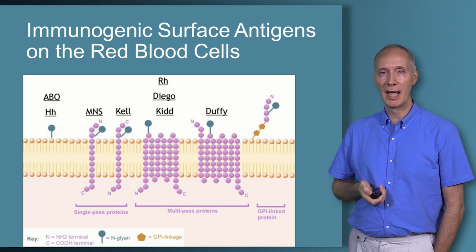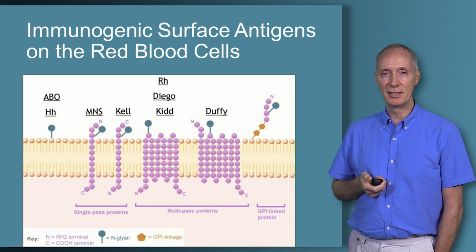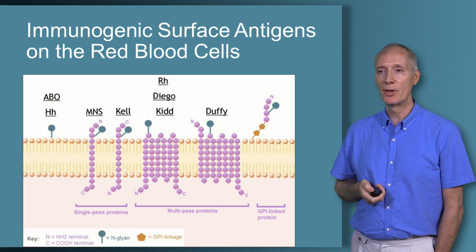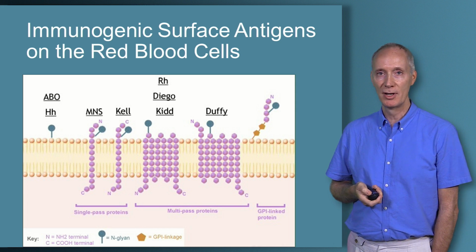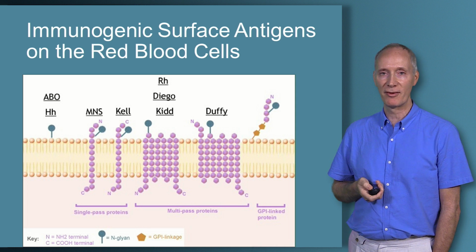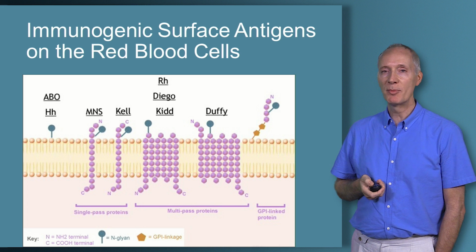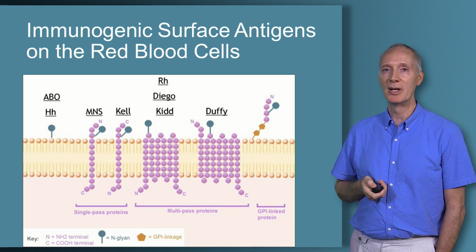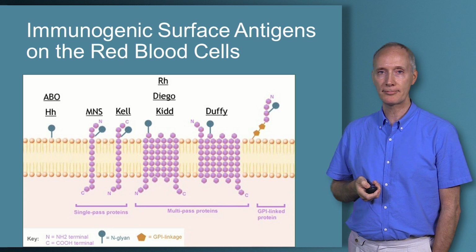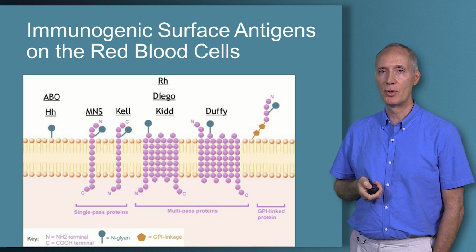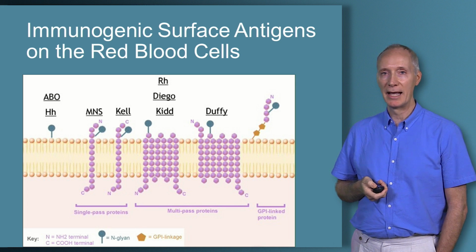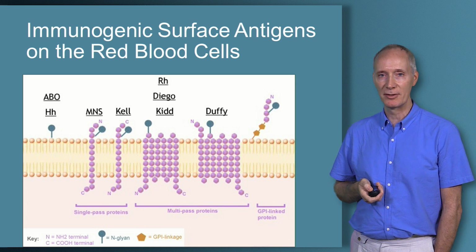Now, we all know the ABO and rhesus positive and rhesus negative blood type, but there are over 50 blood types or surface antigens identified. And these are a few common ones. And some of these can result in hemolytic disease of the fetus. The most important one is the rhesus antigen, which you will see in the middle.